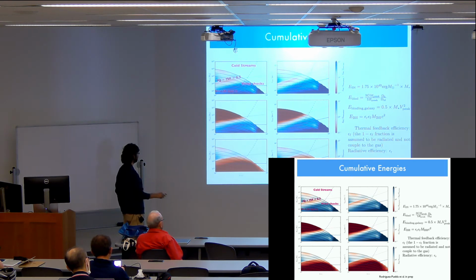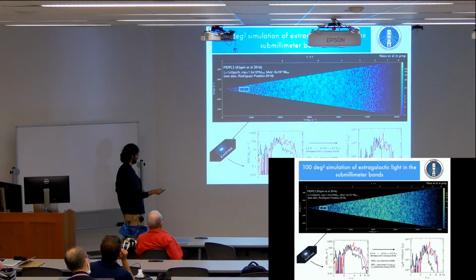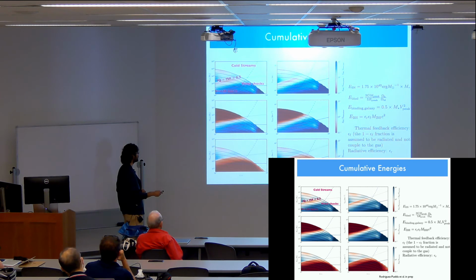So this panel in the middle is showing the binding energy history for the supernovae. And we see that for halos below around 100 kilometers per second, something that I forgot to say is that the white color means that these two are equal. So basically around 100 kilometers per second, we see that both are equal in the case of supernovae.